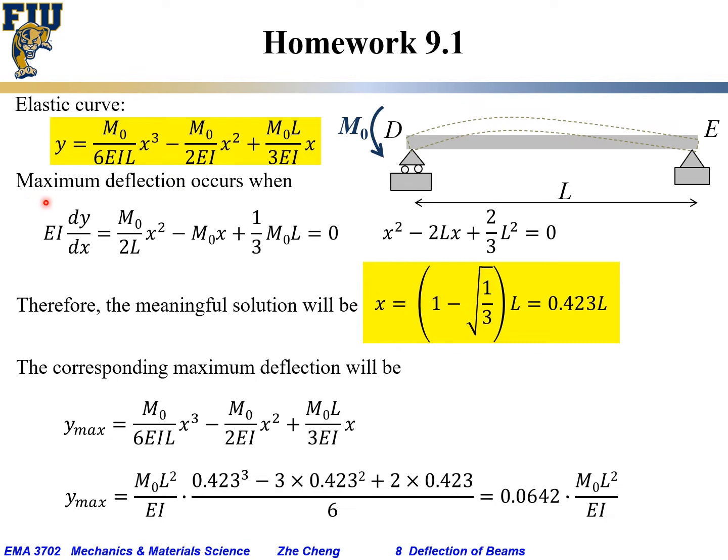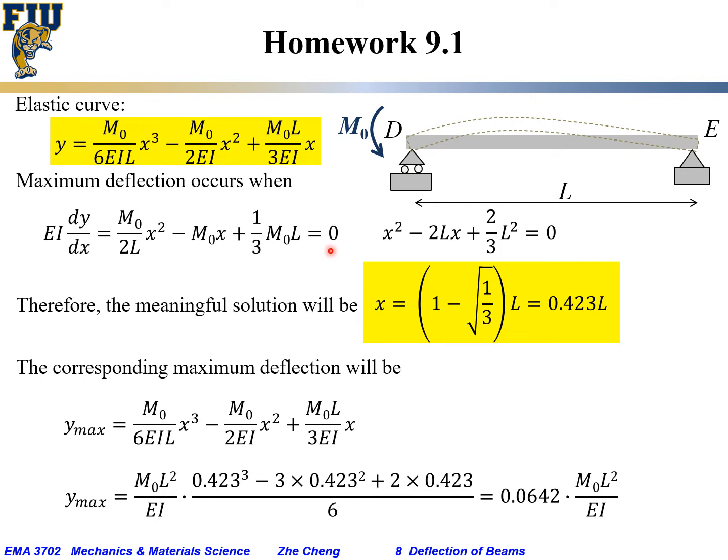So the maximum deflection mathematically occurs when the first derivative, the local slope, is 0, and this is our local slope. Of course, you can take the derivative from this equation, and you can move m0 EI to the left side again. m0 over 2L x squared minus m0 x plus 1 over 3 m0 L equals 0.